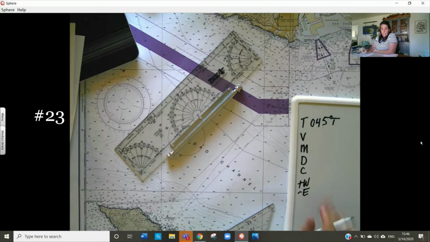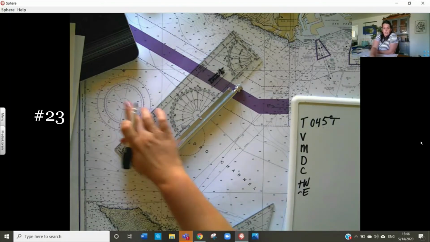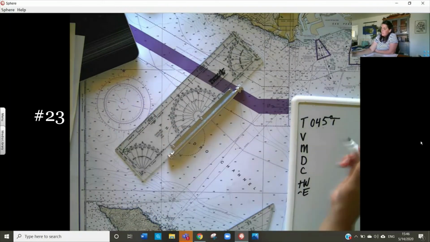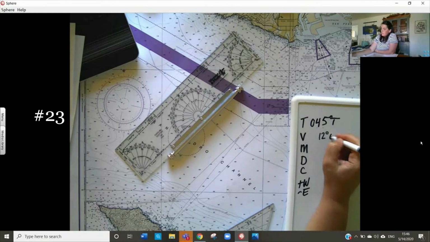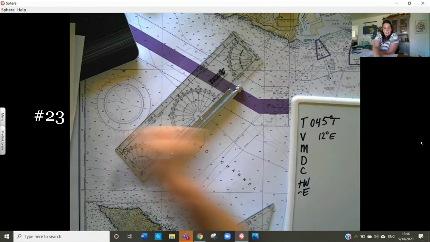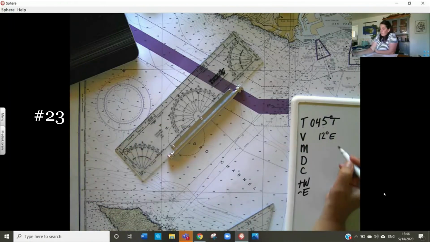I get variation from the chart, and I have 12 east. And it's east, so I'm going to be subtracting it. And I get 033 magnetic.